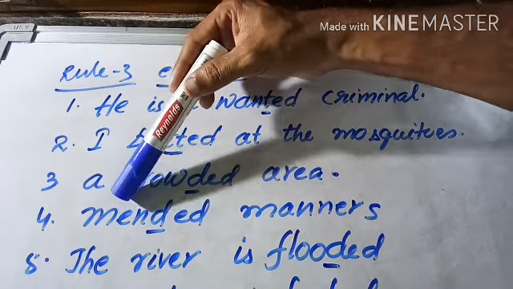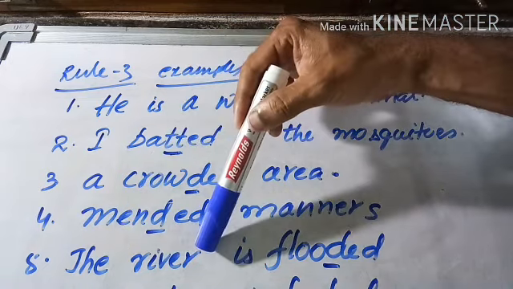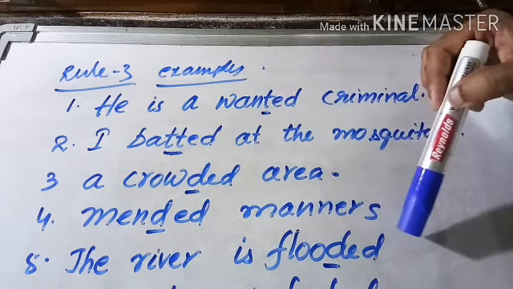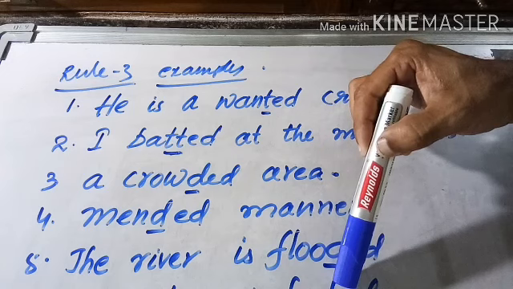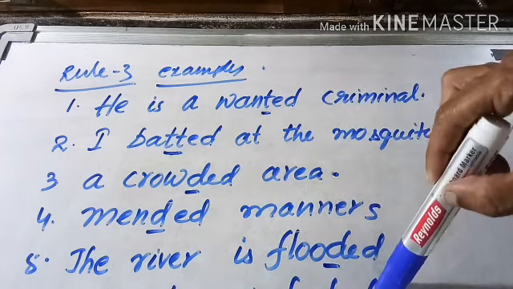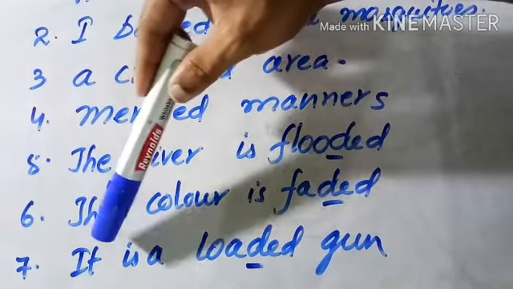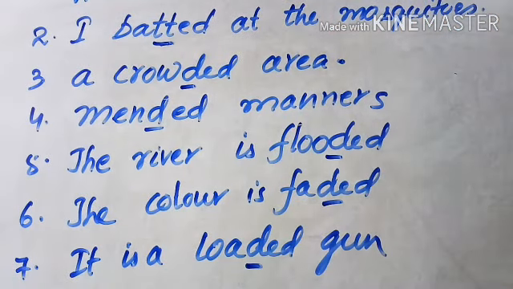Mended manners. The river is flooded by the heavy rains. The color is faded. Da sound is there, ed becomes id. It is a loaded gun. When ed is added, this becomes id.